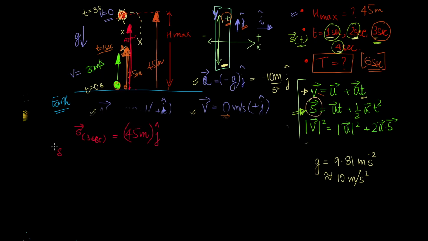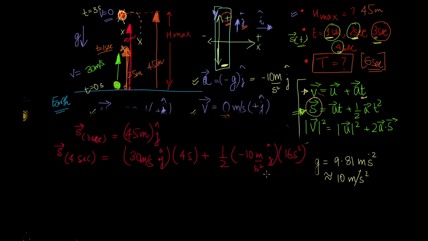But what about s of 4 seconds? Well, s of 4 seconds happens to be initial velocity, which is 30 meters per second in the j cap direction, times the time, which is 4 seconds, plus half of a, which is negative 10 meters per second squared, again j cap direction, times t squared, and that will be 16 seconds squared.